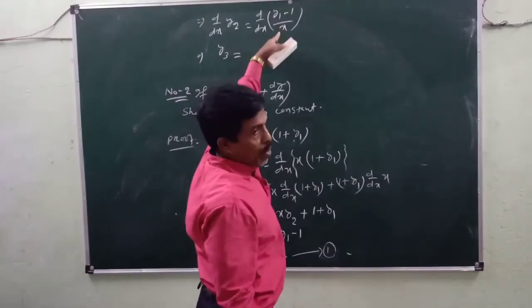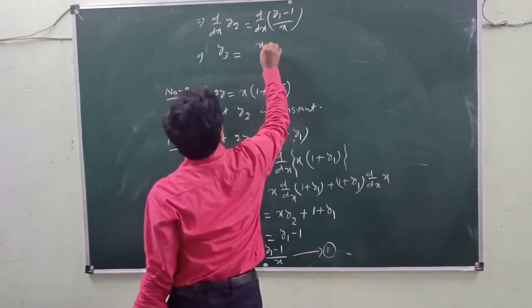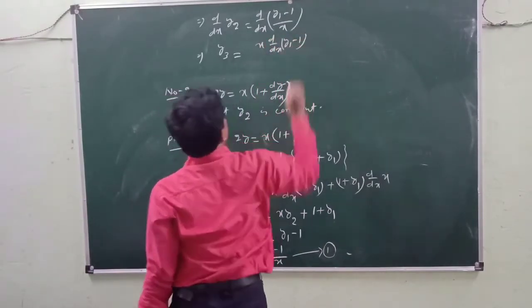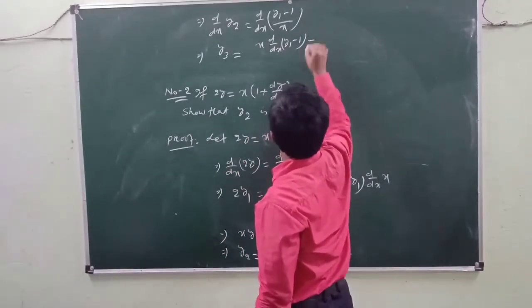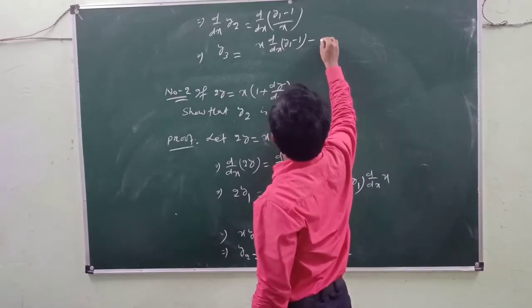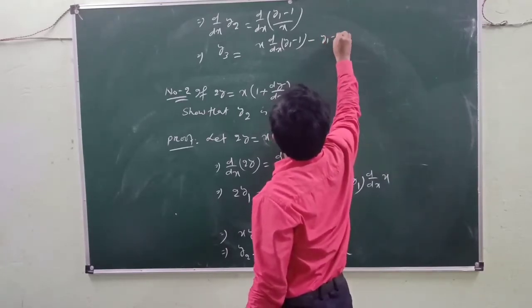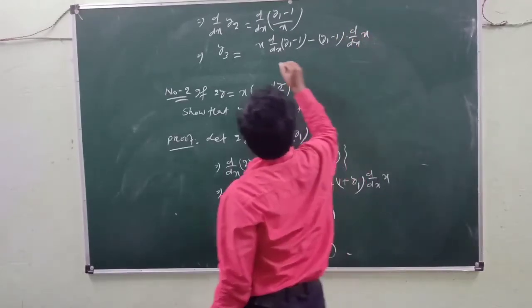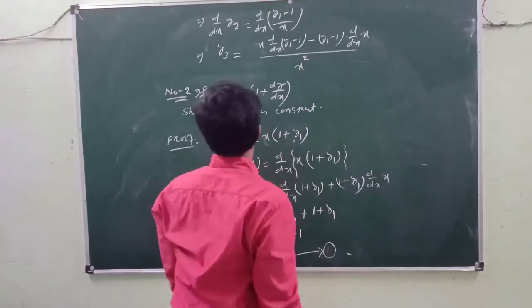You apply the division formula: numerator into the derivative of denominator... that is, denominator into the derivative of numerator minus numerator into the derivative of denominator, divided by denominator whole square.